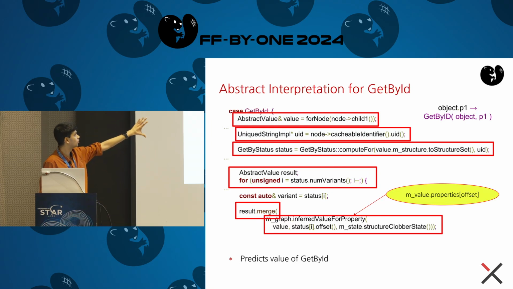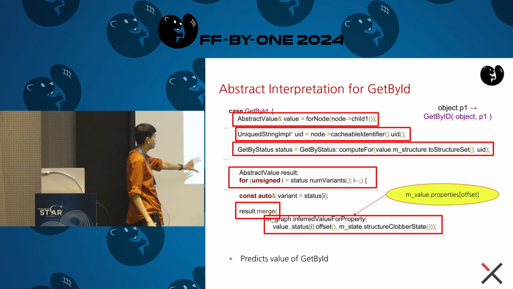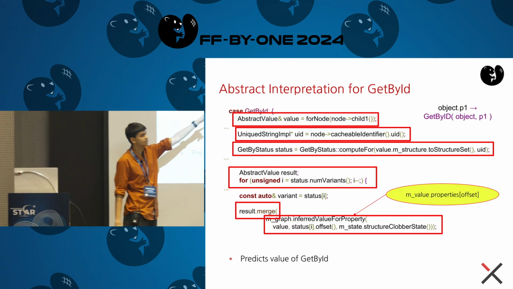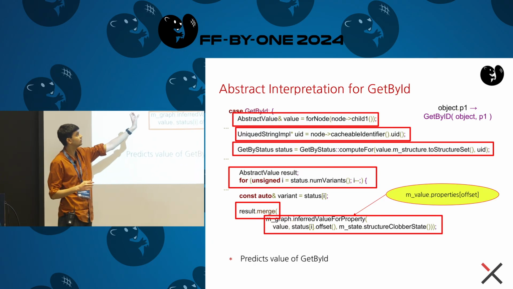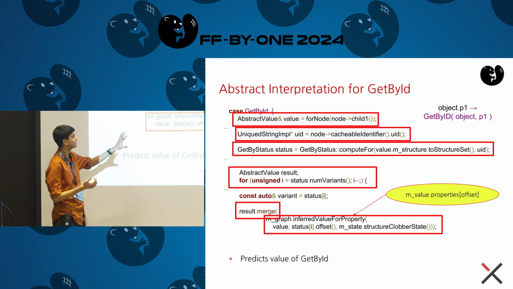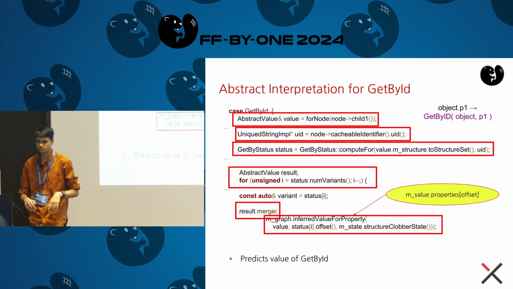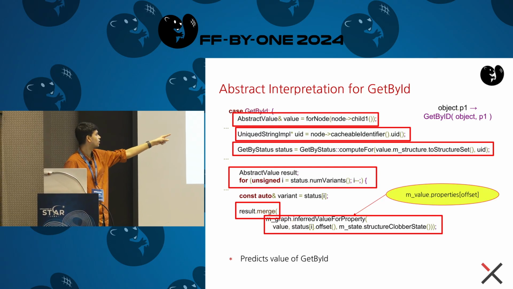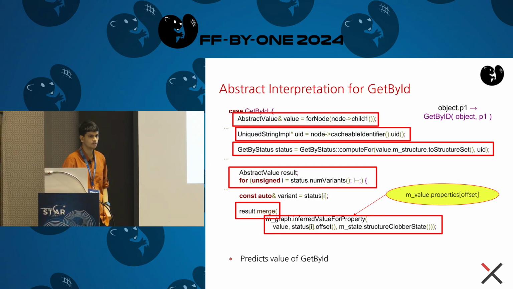What this whole code is trying to do is to predict the abstract value of the result. Object.p1, we know the abstract value of object. What is the abstract value of object.p1? This whole code is essentially trying to find that out. So that is found by this inferred value for property.